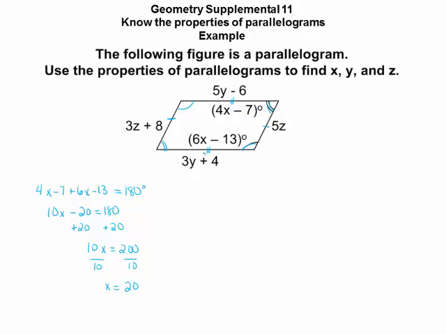These sides are opposite sides, so they are congruent to each other. I'm going to subtract 3y from both sides, and I get 2y minus 6 is equal to 4. Add 6 to both sides to get 2y alone, and I get 2y is equal to 10. Divide by 2 for y to equal 5.